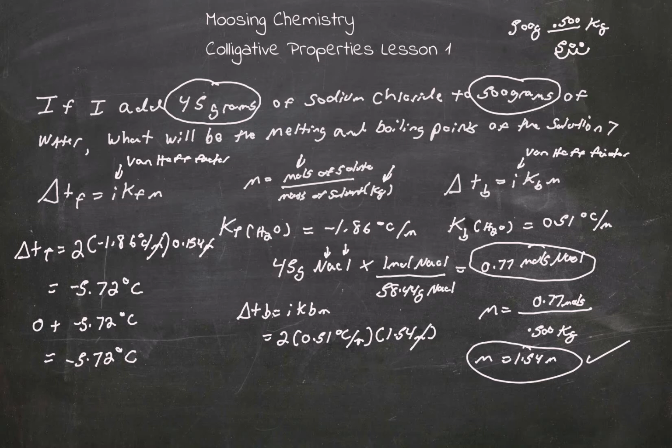Okay, so that cancels out, and that gives us a temperature of about 1.54 degrees C. So we want to know what the boiling point elevation is. We simply add that to 100 degrees C plus 1.54 degrees C. So our new boiling point is 101.54 degrees C.